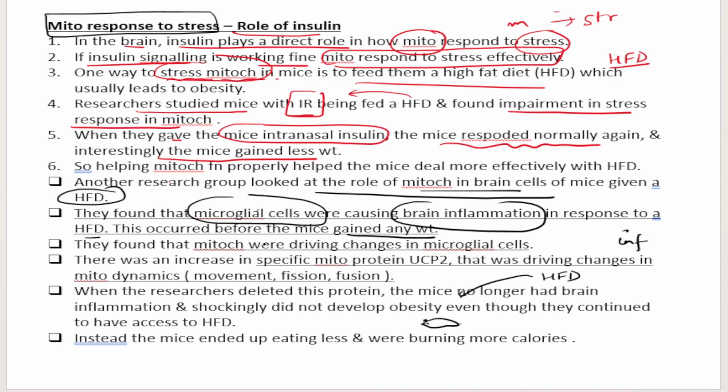The researchers found that mitochondria were driving changes in microglial cells. Mitochondria were causing the microglial cells to cause brain inflammation.